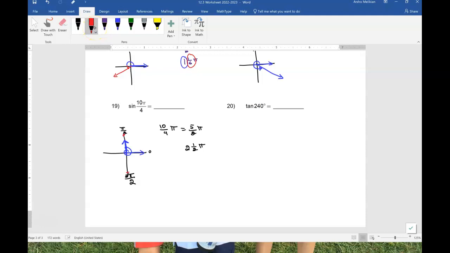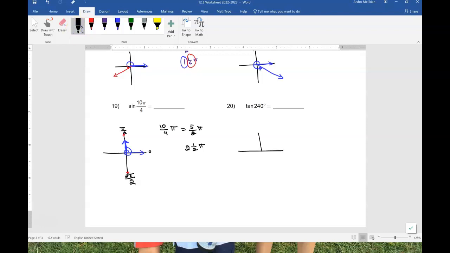Then down here, 3 pi over 2. Then back up, 5 pi over 2. 7 pi over 2. 9 pi over 2. What would it be then? 11 pi over 2. And then 13 pi over 2, 15 pi over 2, 17 pi over 2. So you can just keep going and going and going.